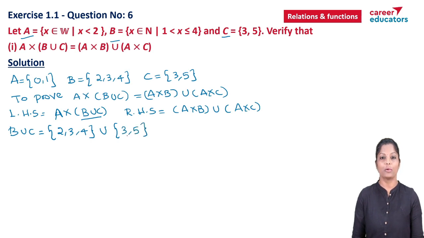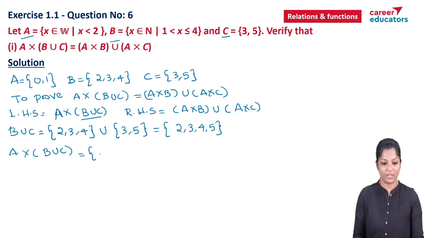To find B union C, we have to combine all the elements of B with all the elements of C without repetition. We will get {2, 3, 4, 5}.